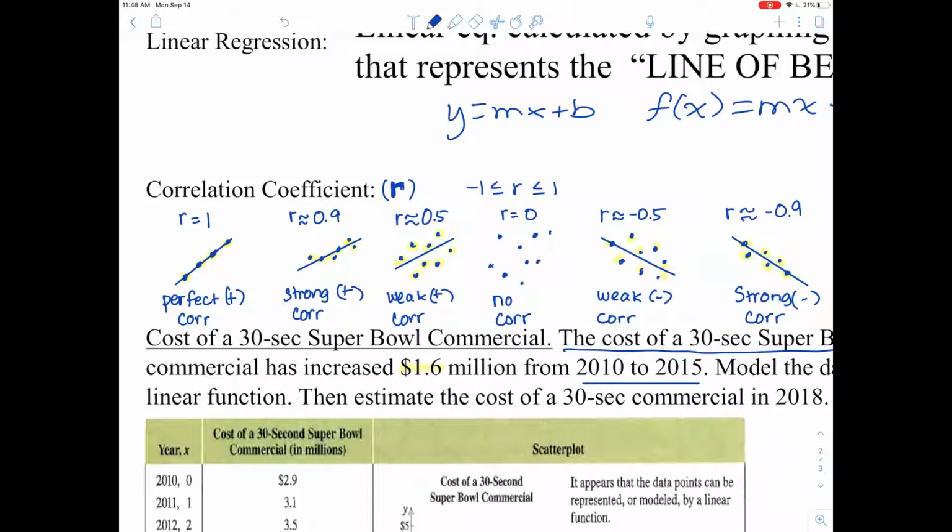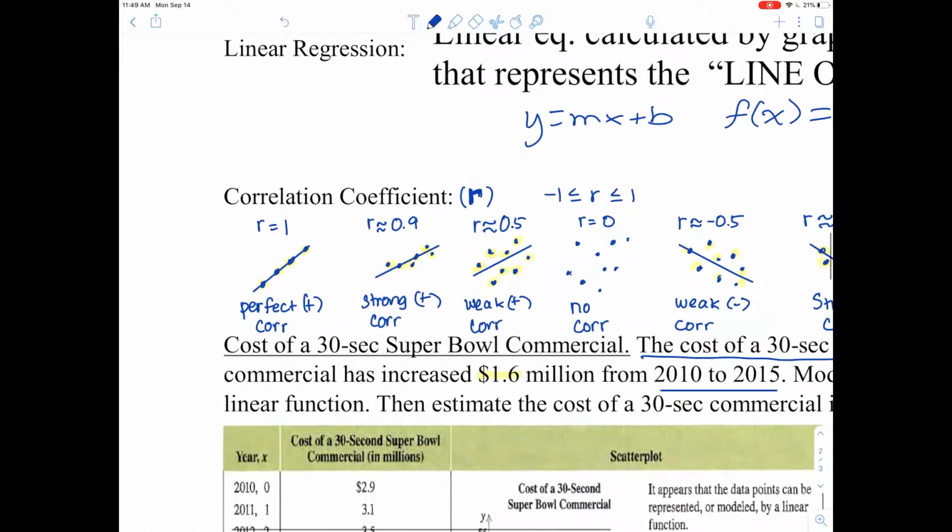And the correlation coefficient, we also talked about that last Friday, is just how strongly the data points in that set are correlated to a line. Okay, so correlation coefficients are between -1 and 1, with -1 being the strongest possible negative correlation, and +1 being a perfect positive correlation.